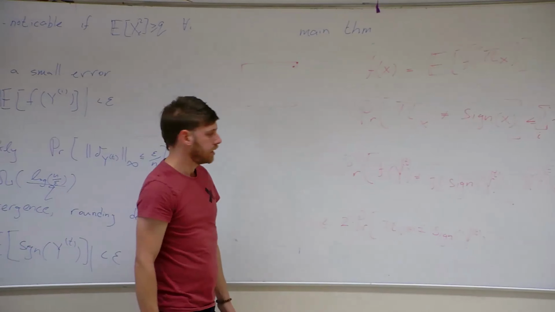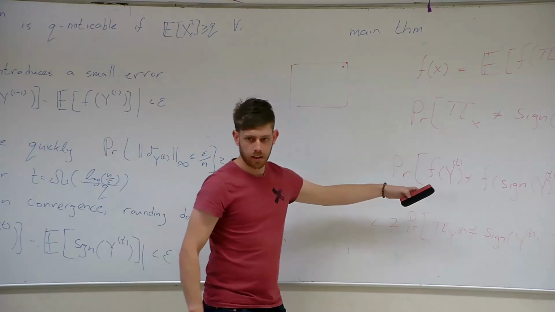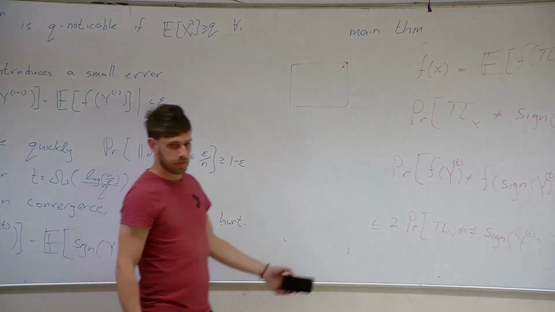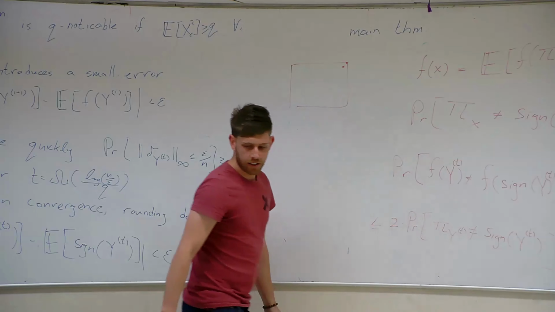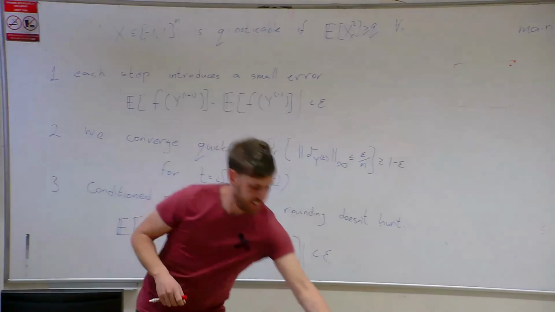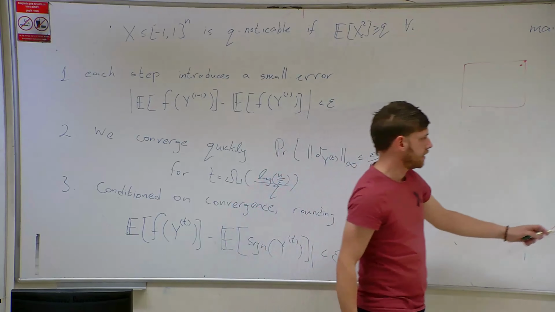Okay, because we divide the cases with the probability, how do you call it in English? Yeah, the probability you get this bound.